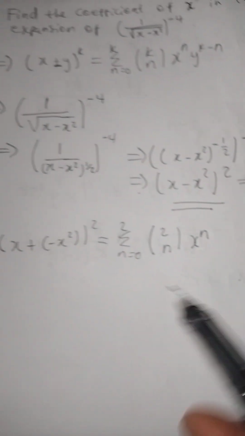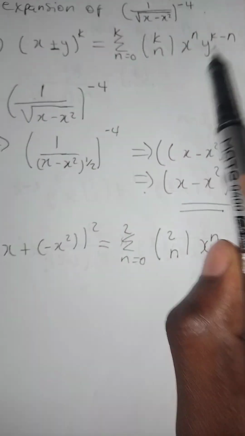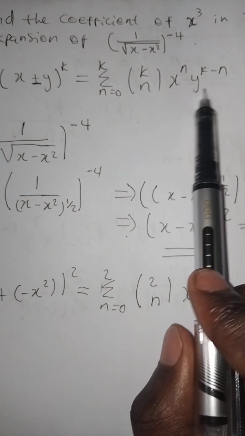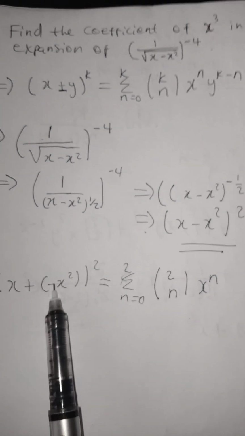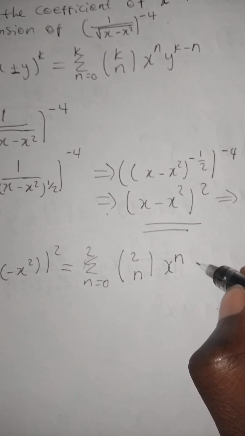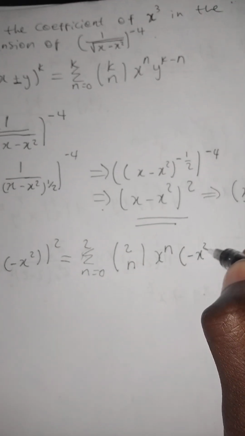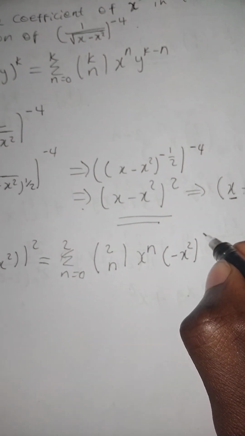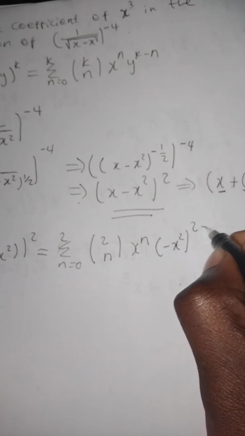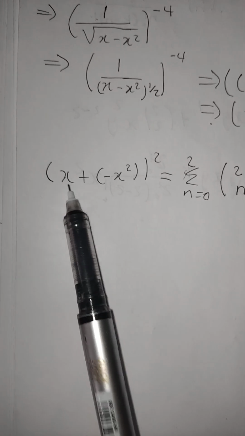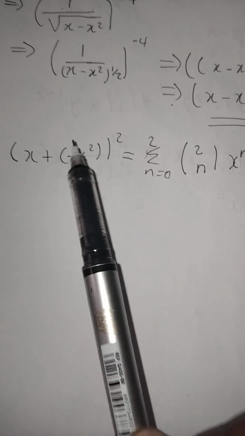Then multiplied by, where there is y, I'm not going to plug in y. I'm going to plug in minus x squared. So I'm going to have minus x squared to the power 2 minus n, just like that. I will repeat that again. When you are expanding this problem, the first term is x, and the second term is minus x squared, the one in the bracket there.